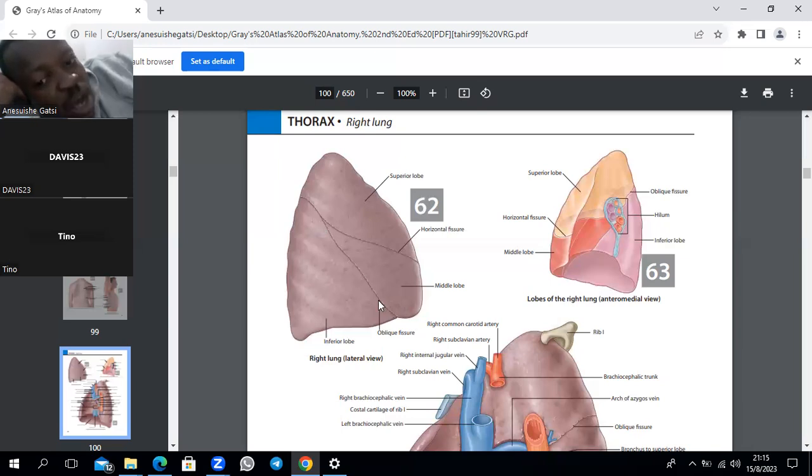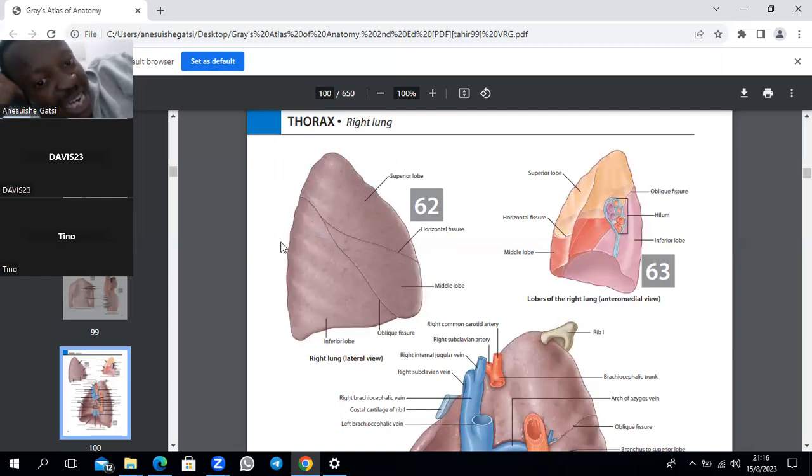Oblique fissure is at the level of the sixth costochondral junction. Then it meets your horizontal fissure here, somewhere in the axilla. So this is your horizontal fissure. It starts opposite the 4th costal cartilage.